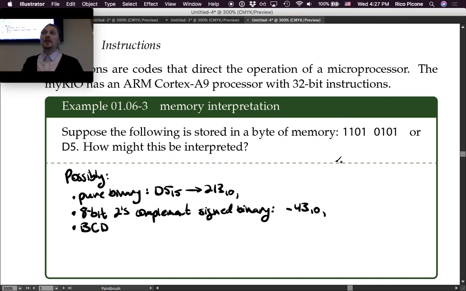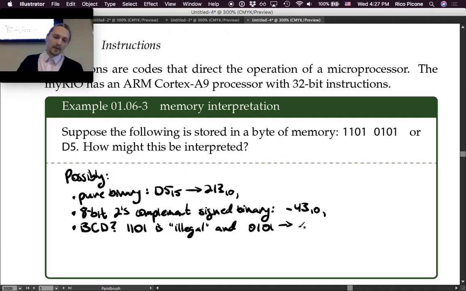So it could represent something in some specific encoding of BCD. So I'll say it's illegal unless there was some specific encoding for it. And 0101 would correspond to 5, right?